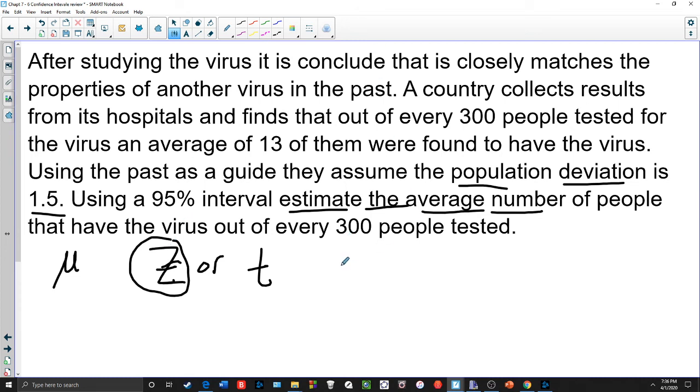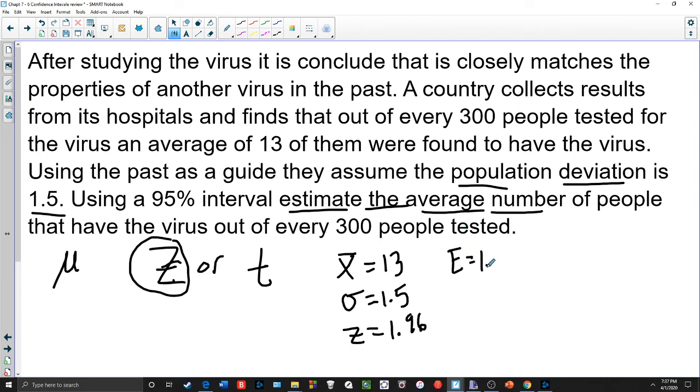So that means that I have my point estimate, which is the average, so 13, and I have my sigma, which is 1.5. And so I need my z-score, which for 95%, again, that's a common number, 1.96. So then I can make my margin of error.